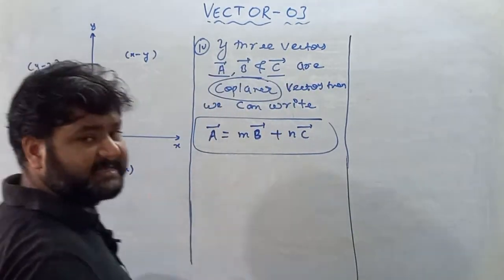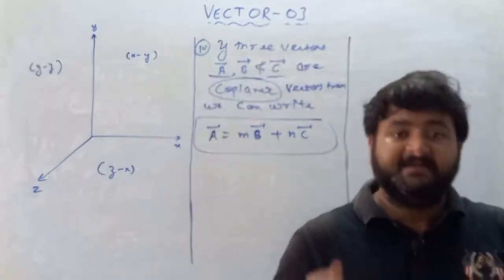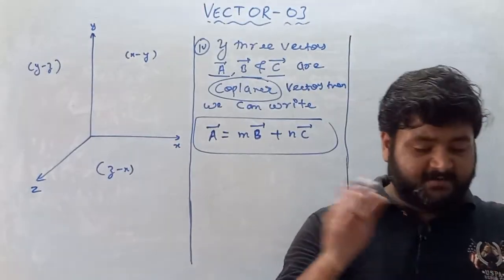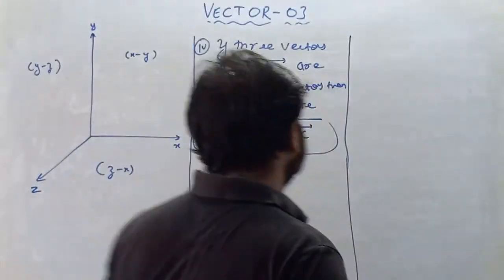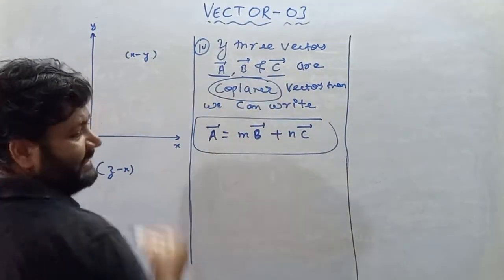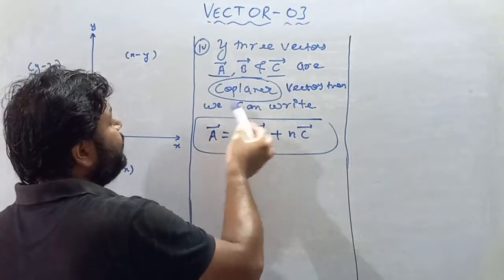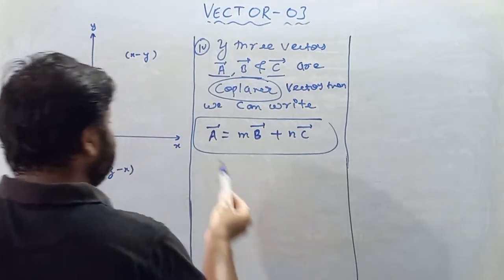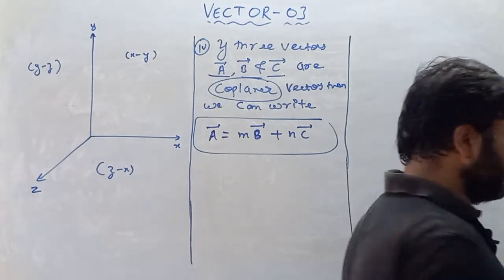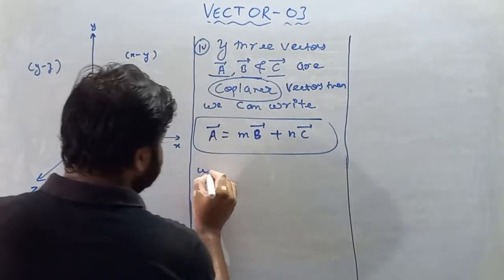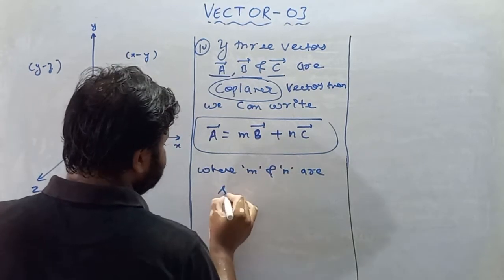If more than one vector lies in the same plane, then all the vectors are considered to be coplanar vectors. So if three vectors A, B and C are coplanar, then we'll write A vector is equal to M B vector plus N C vector, where M and N are some numbers.